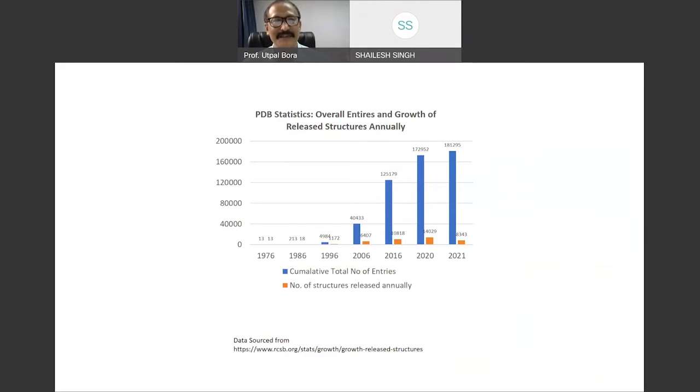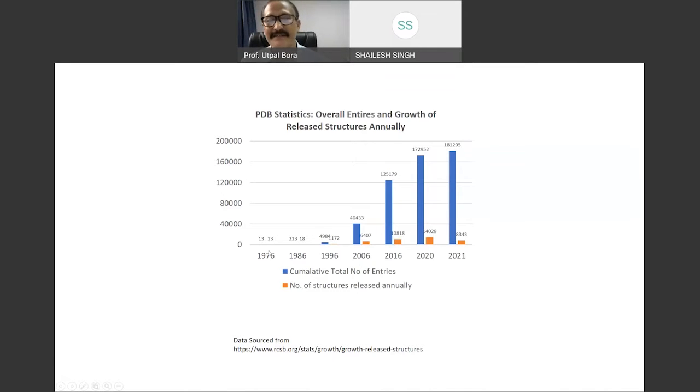Now let us go to something called the PDB, or the protein database. If you look into the statistics of this particular database, the first protein structure was reported in this database around 1976. So there are two things: the total number of proteins entered and the total number of structures released per year.